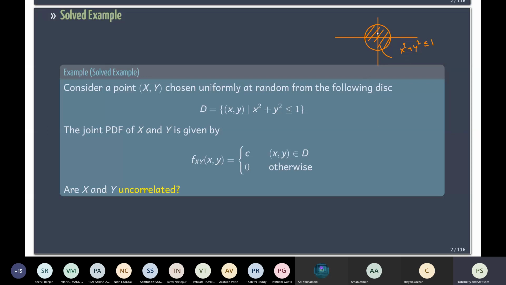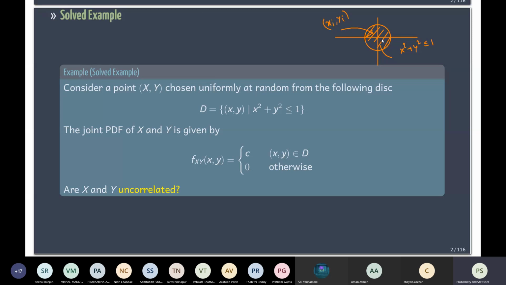We are picking a point at random, say some point (xi, yi) chosen at random from here, and the probability of that point being in the disk is given by C. So, are these random variables uncorrelated? That is the question.